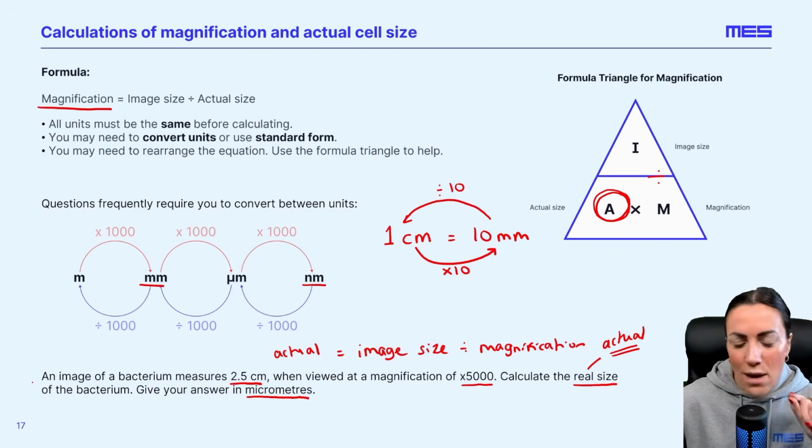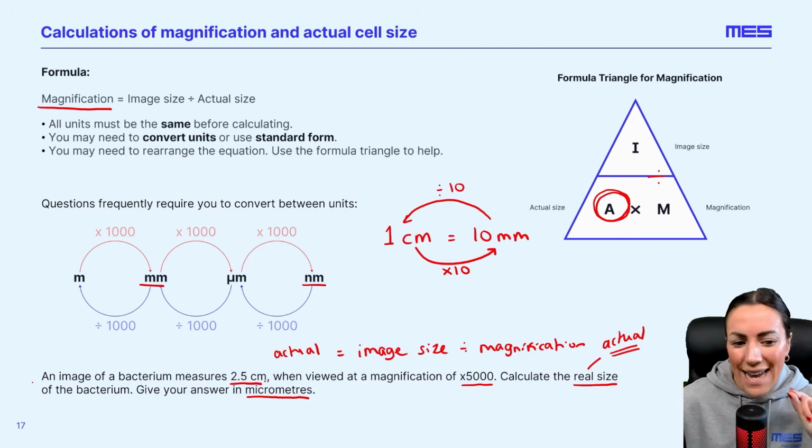However, they want my answer in micrometers, and I can see that they've given me the image size in centimeters. So I'm going to convert that straight away into micrometers. I could do it at the end, but I might forget. So it's probably best to do it first. So first of all, I'm going to convert centimeters into millimeters.